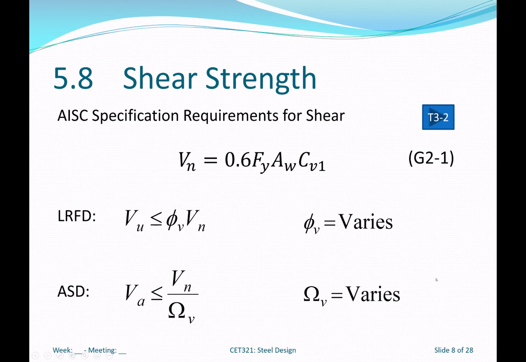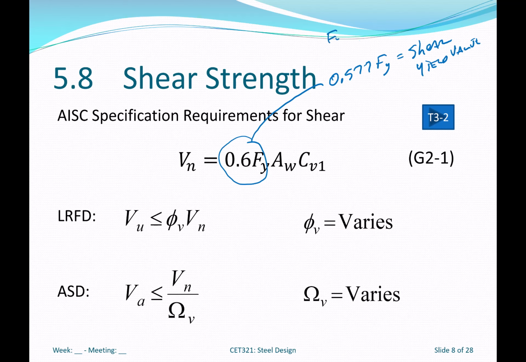So it really comes down to this 0.6 FY, and I'll remind you again, the most accurate number is 0.7577 FY, and this is the shear yield value, versus, remember, FY is the tensile yield value.